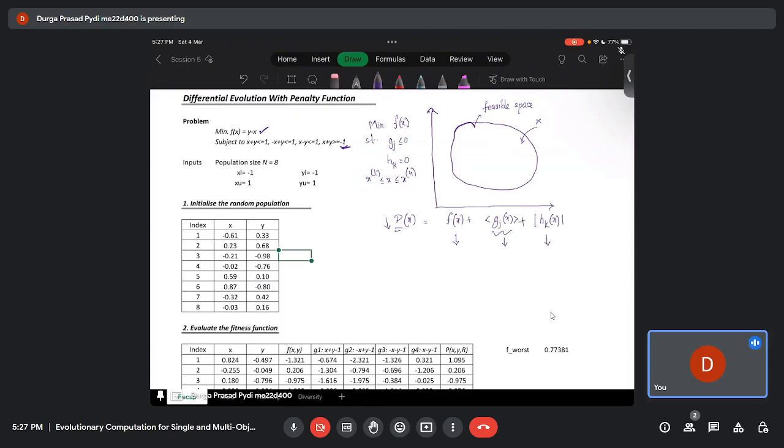And then there are several ways to go about it. Fundamentally, your penalty function has essentially three components: one about your objective function, then inequality constraint violations, and then equality constraint violations. So all of this information has to be somehow brought into the p of x. We have several techniques which we will discuss briefly.